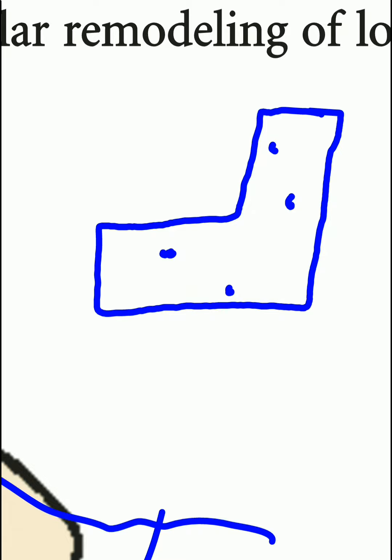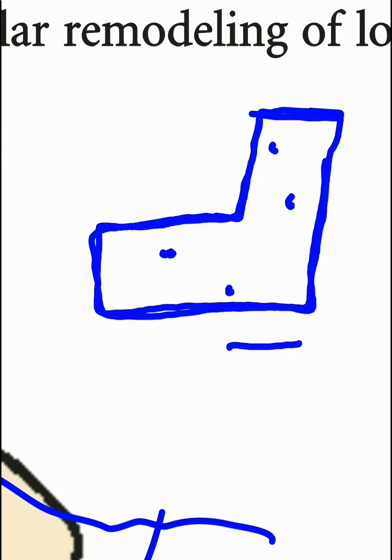Based on this, they took one radiograph of the person on whom the study was being done, and after a certain period of time they took another radiograph of the same person, and then they superimposed both the radiographs onto each other. They found that the places where the implants were placed were changing like this. From here it is going like this, from here it is going like this, and so on. This is just for example purposes, don't take it literally. So what they found out was that some kind of rotation was taking place.